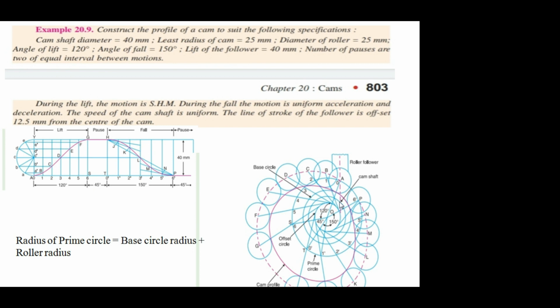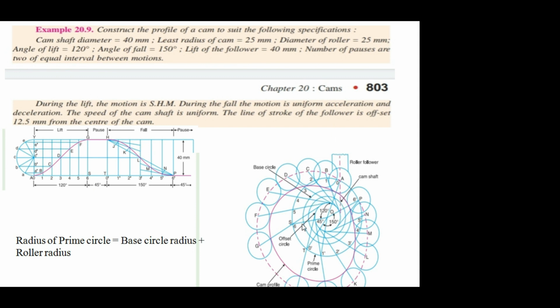So this is the base circle of the cam. Draw the offset circle with 12.5 mm as a radius. This is the offset circle. Tangent to this, draw the axis of follower.